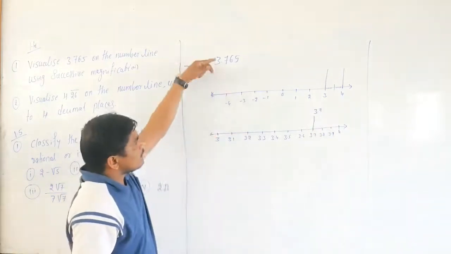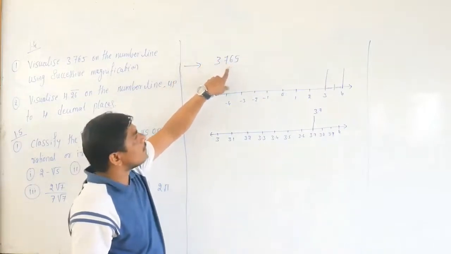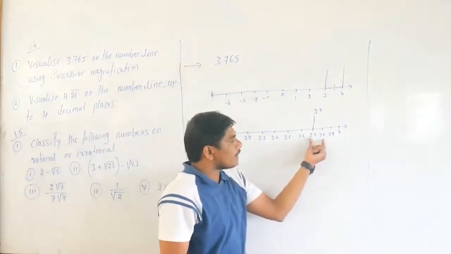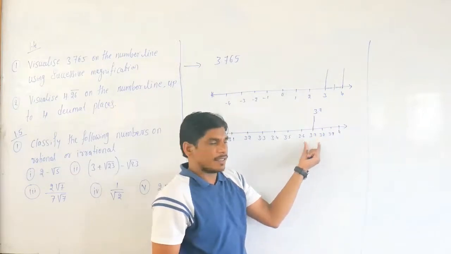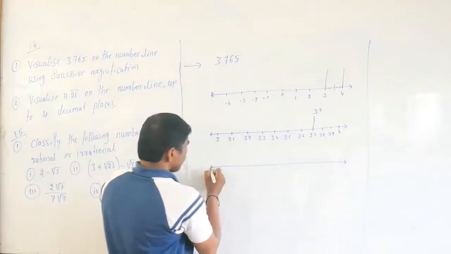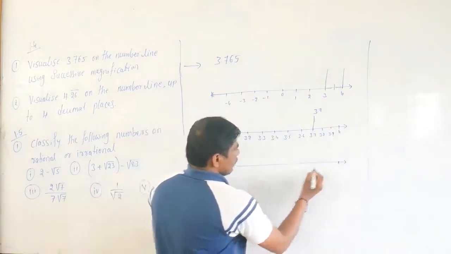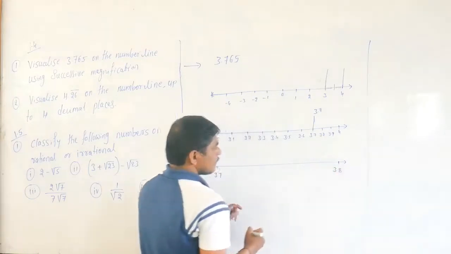The third step is 3.76. 3.76 is in between 3.7 and 3.8. That's why you draw another number line. Here is 3.7 and here is 3.8.